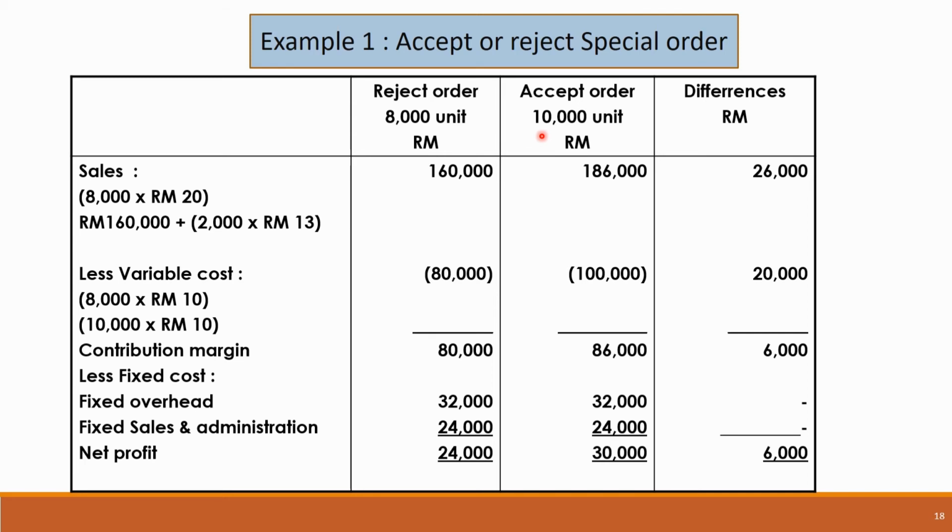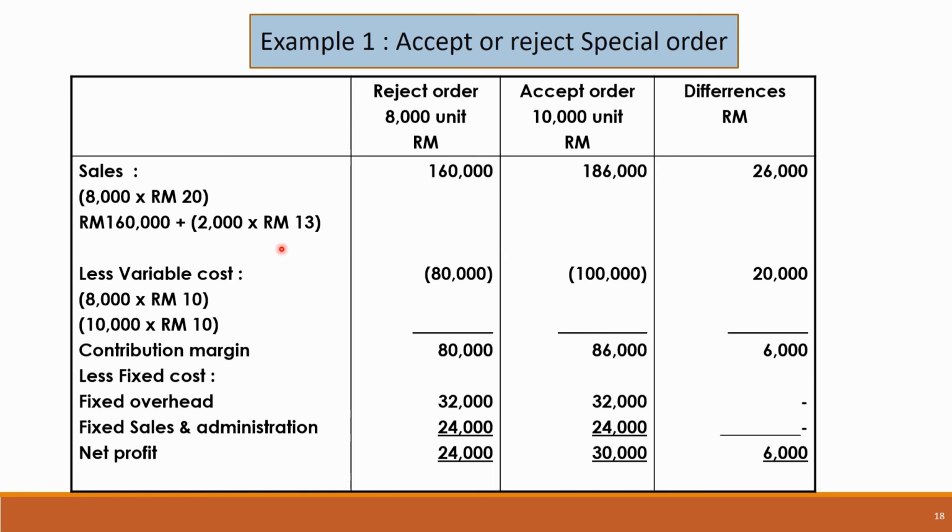So we just take this amount, 160,000. This amount represents 8,000 units, plus 2,000 units with the offer price of RM13. When you calculate this amount, you will get 186,000. So the difference in sales between reject order and accept order is 26,000.